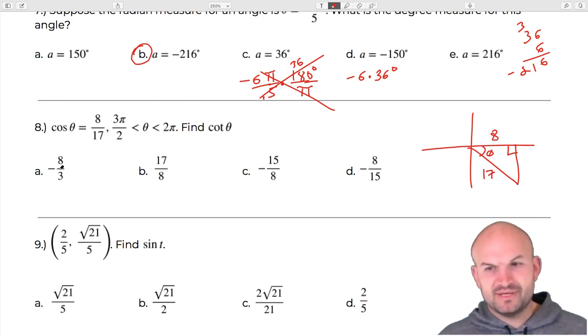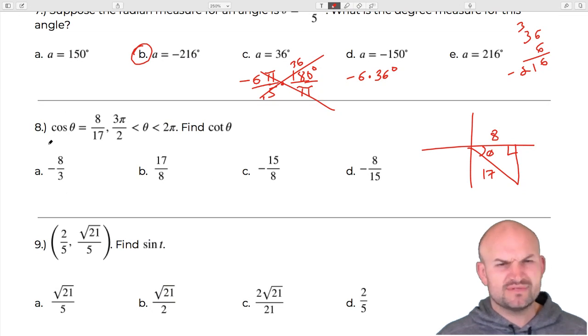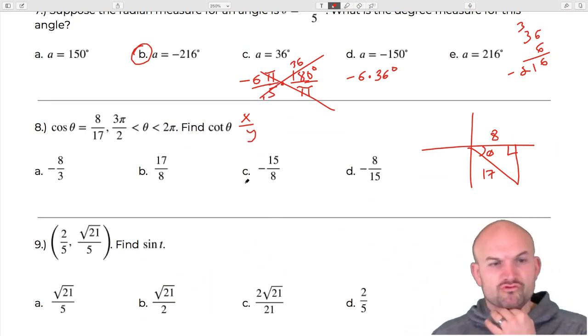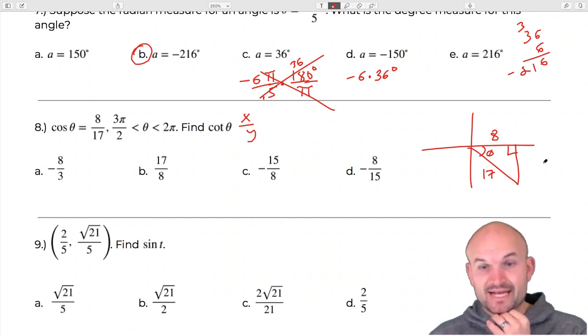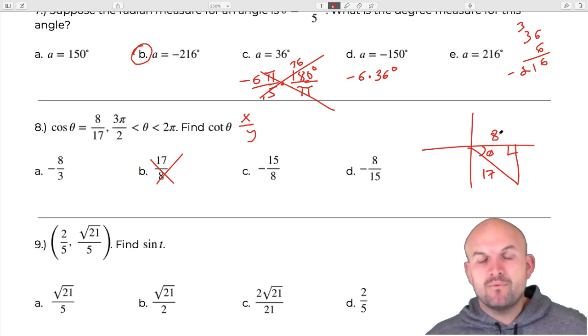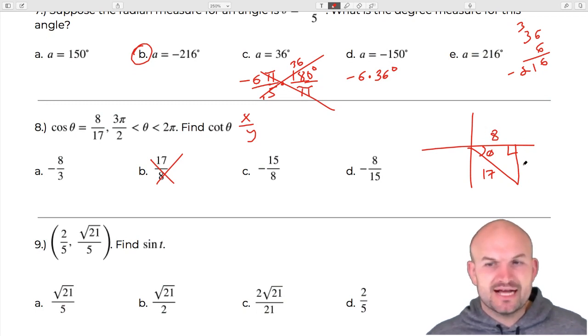We're finding the cotangent, which, remember, is going to be x over y, right? Now, I think you guys can agree that this is going to be negative, so this is positive, it's not going to work. I'm pretty sure it's not going to be 3, because 8 squared plus 3 squared, 9, is not going to give me 17 squared.